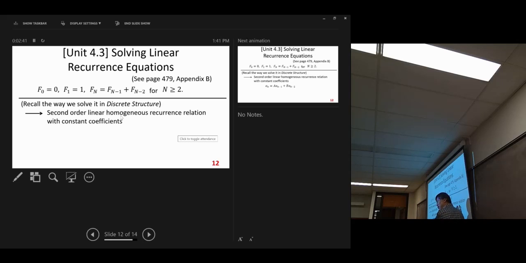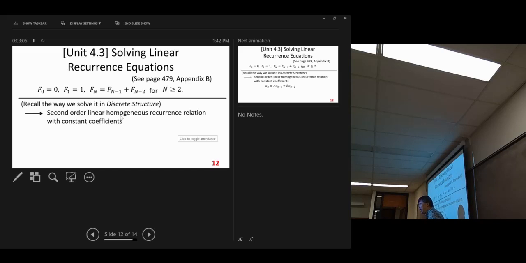Why homogeneous? You don't have the constant term. If you add plus 1, you have a constant, then it's not homogeneous. But now we don't have that constant term. So we have a homogeneous recurrence relation with constant coefficients.